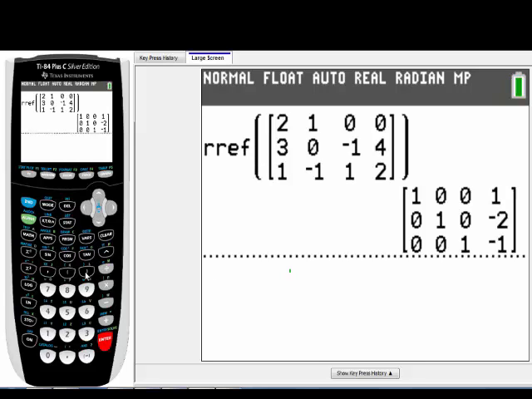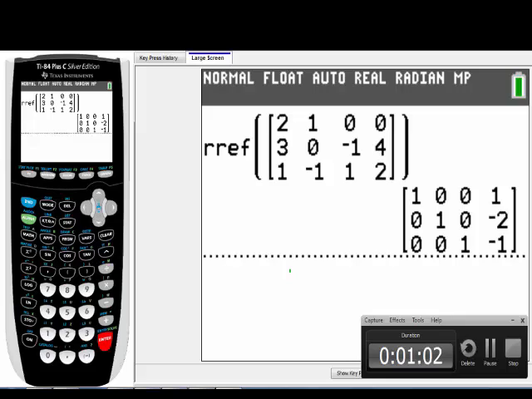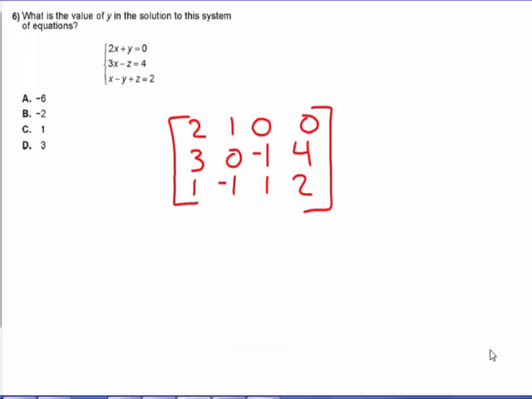Okay, so now looking at this, we can see we have a solution, and that the x is 1, the y is negative 2, and the z value is negative 1. So our answer would be B.